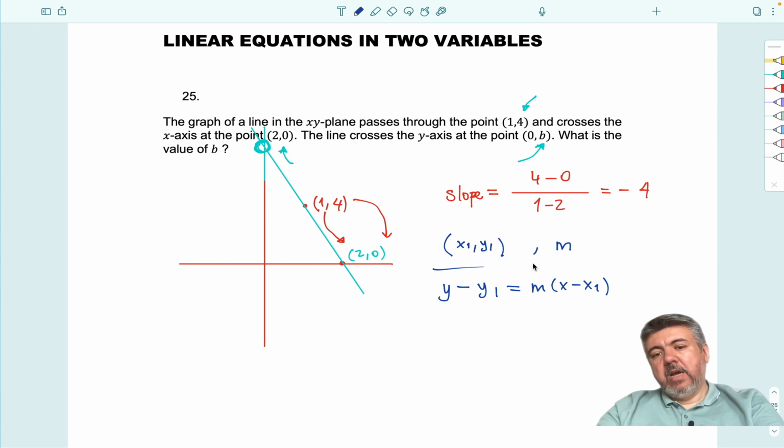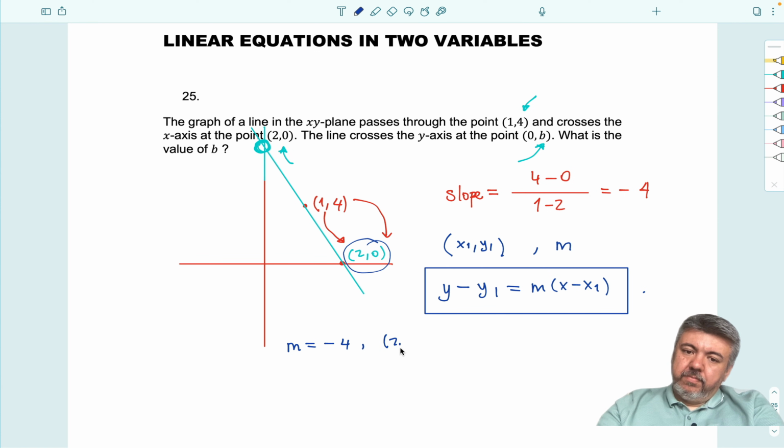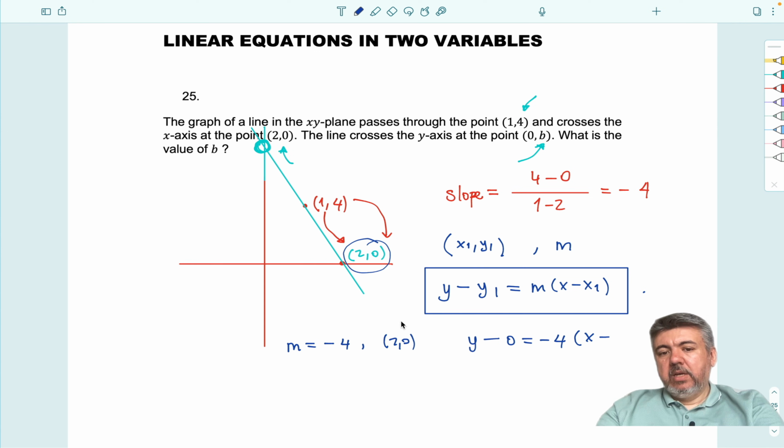That's how we write the equation of a line if we know its slope and a point on the line. I know the slope, m equals -4, and a point, 2, 0. So y equals -4x plus 8.